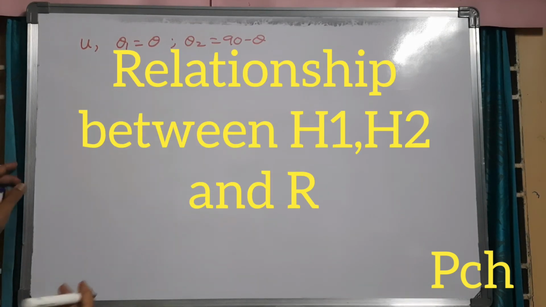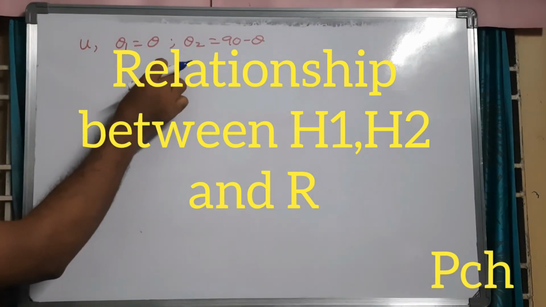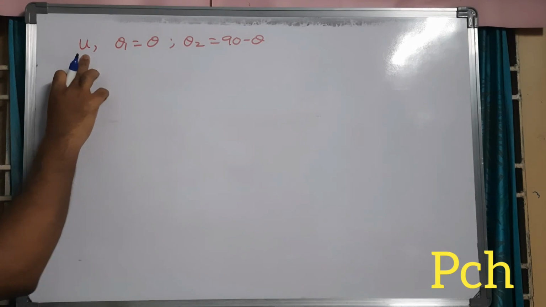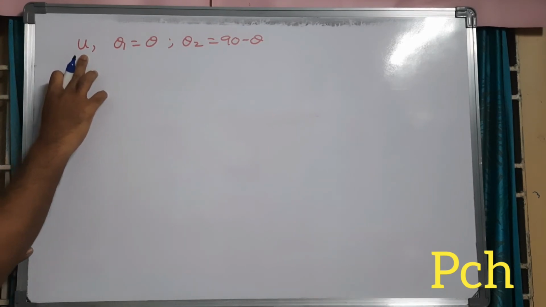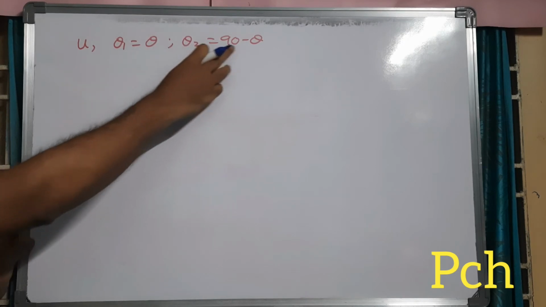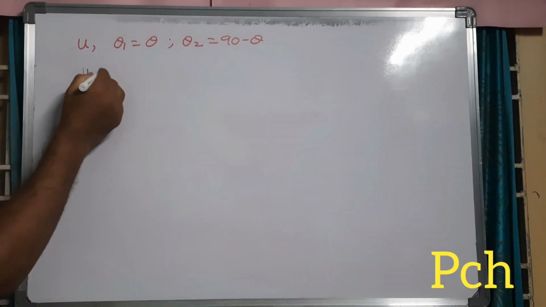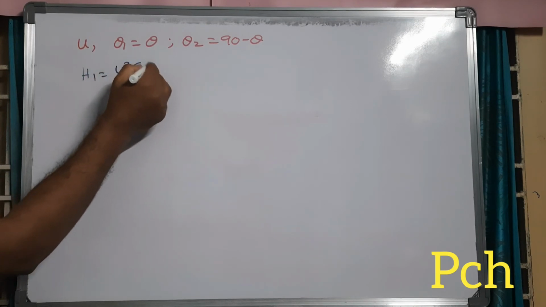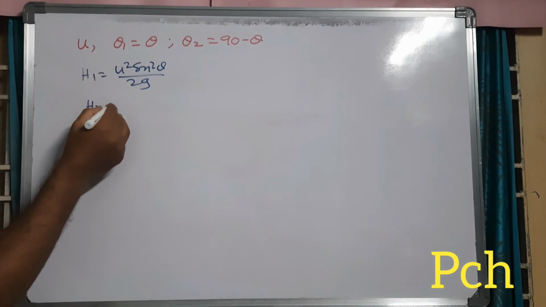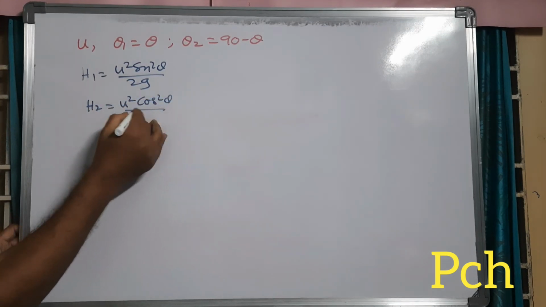Now we are going to derive the relation between the horizontal range and the maximum heights in this case. If the two objects are projected with the same velocity of projection, with angles theta 1 equal to theta and theta 2 equal to 90 minus theta, we got h1 equal to u square sine square theta divided by 2g, and h2 equal to u square cos square theta divided by 2g.